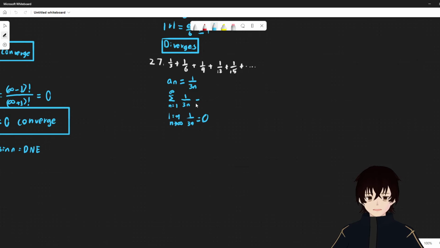So I can rewrite this as 1/3 times the sum of the series 1 over n, which converges. But why does this diverge?